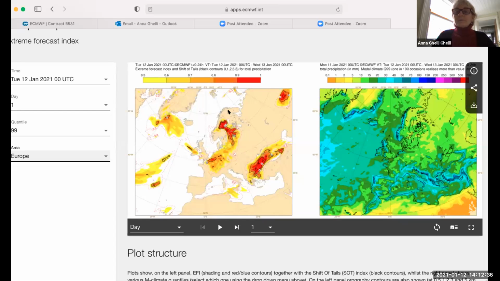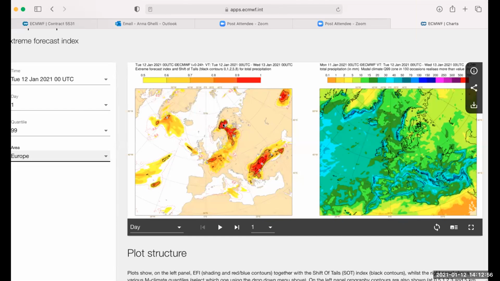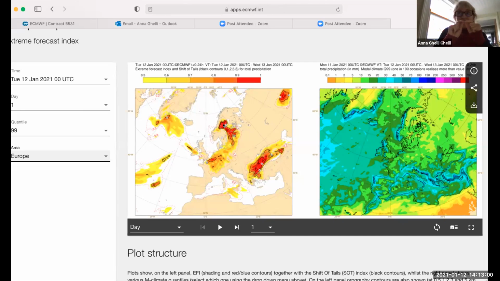Here, you have a very high, very large EFI signal. It means that the CDF of the climate and the CDF of the forecast are very distant. This is where you get the connection between the EFI map and the distribution.